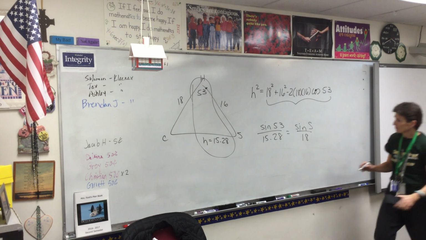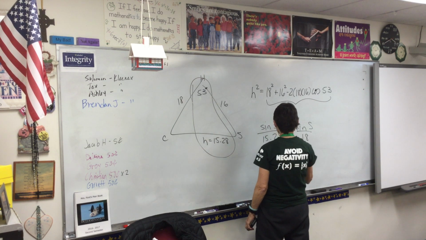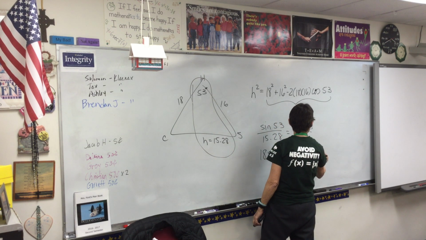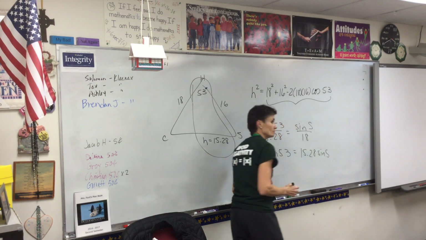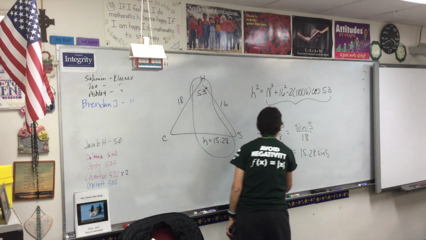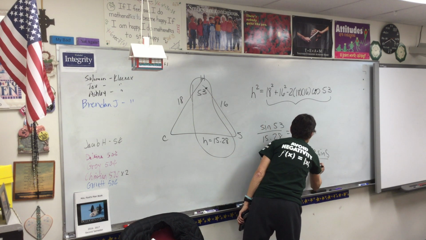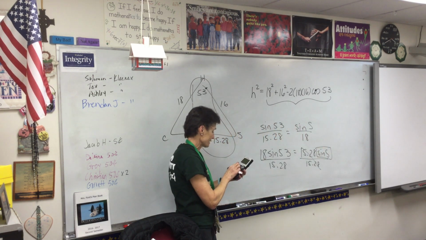Okay, so 18 sine 53 equals 15.28 sine S. Second sine. This time I'm going to write it down, Sam, so I don't forget.